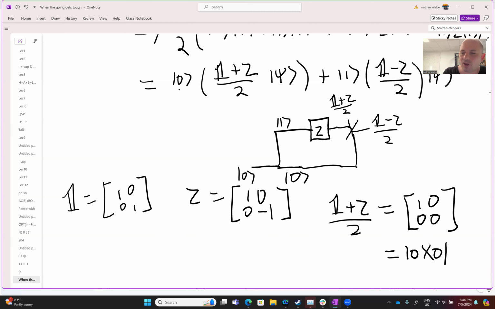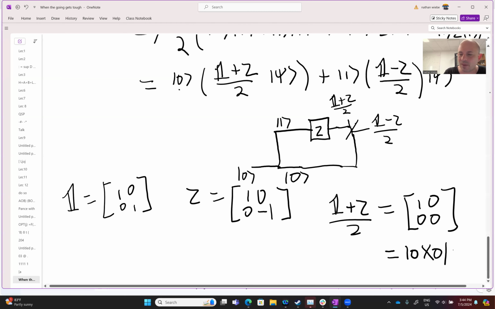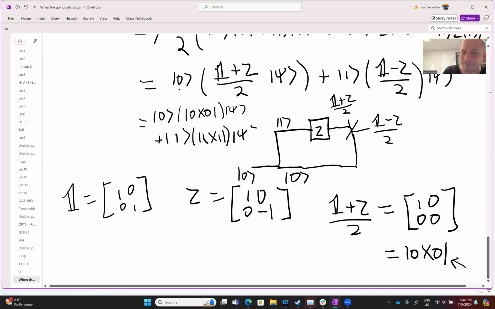That when we measure this, if we measure 0, then effectively we'll have applied the projector onto 0 onto our state, because this is just 0 times the projector onto 0 times psi plus 1 times the projector onto 1, all times psi.